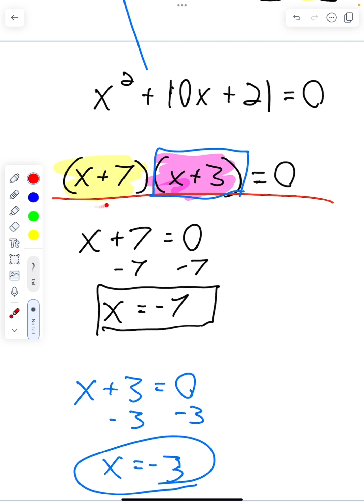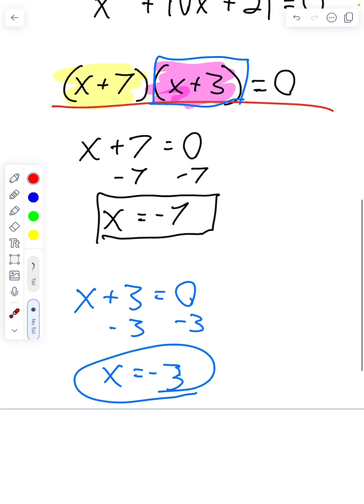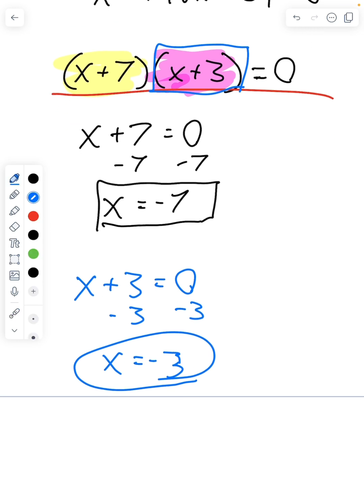But again, I don't really care what this number is, because as long as this is all 0, 0 times anything is 0. So I would have two answers here, and they would be x equals negative 7 and negative 3.